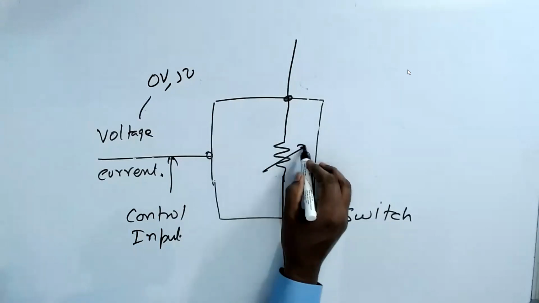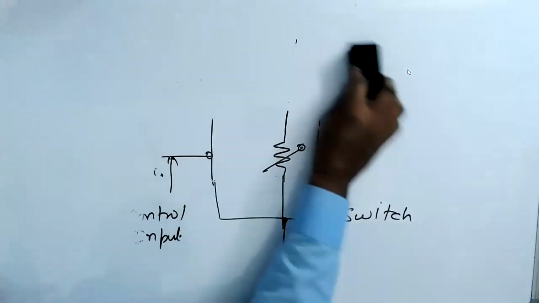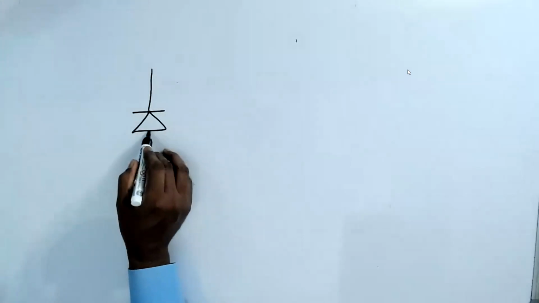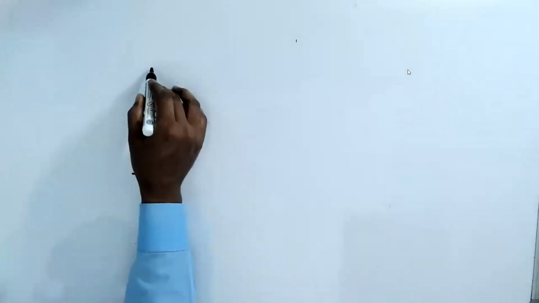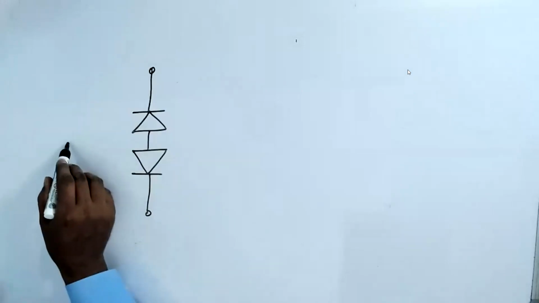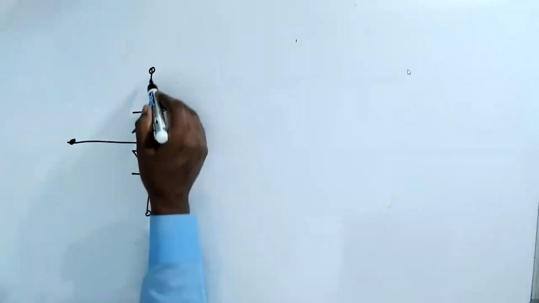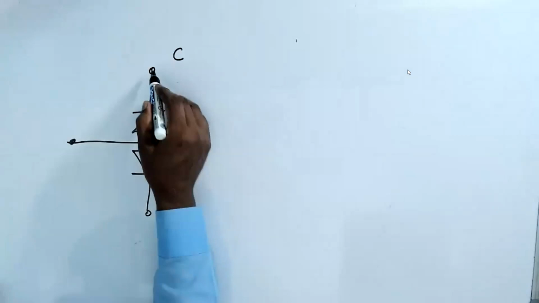Or I can use this as a variable resistor. That is what we saw in the last session, connecting two diodes back to back. The Bell Laboratory scientists achieved this. This they call the collector, this they call the emitter, and I connect a bulb.